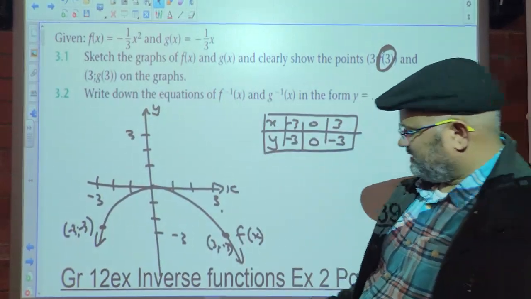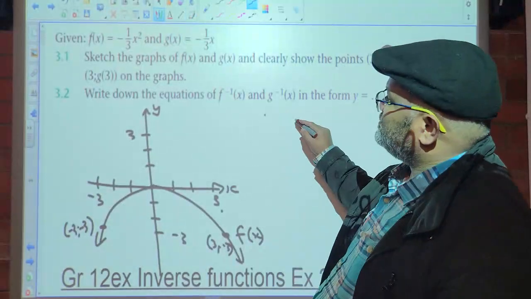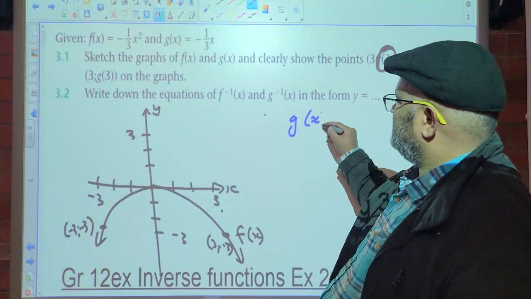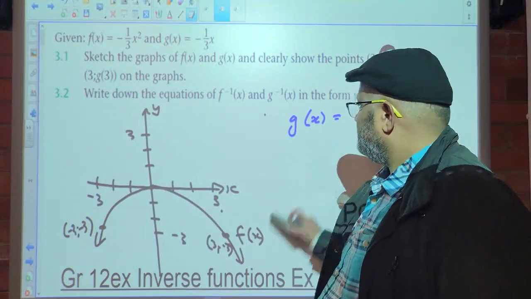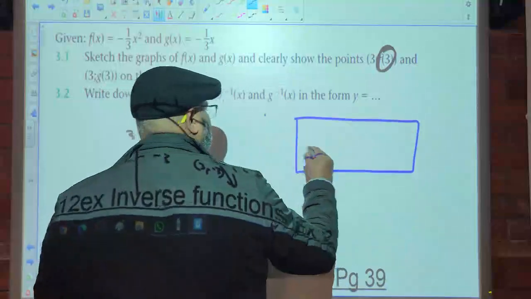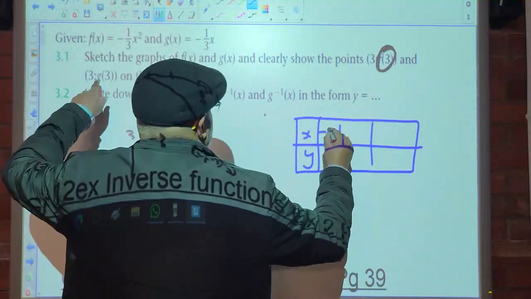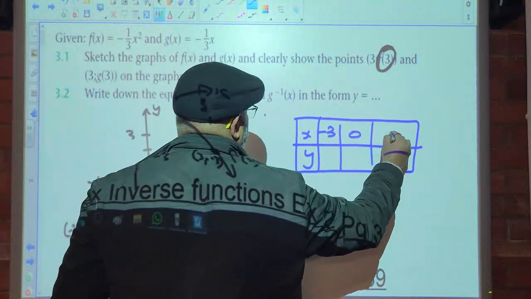And then of course the other graph, which is g of x equal to negative a third x. So we will draw that. X and y. They want you to use 3 again, so I'm going to go with the same values.